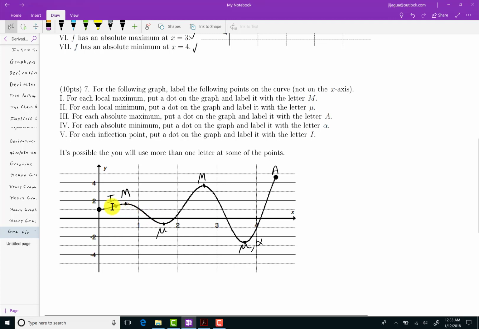So there's where, as far as I'm concerned, it's concave down now, concave down, concave down. It still kind of feels concave down until I guess I get around here, almost like it's on the axis. So I guess I would put it somewhere around here and put an I to indicate that. Put a better I to indicate that.